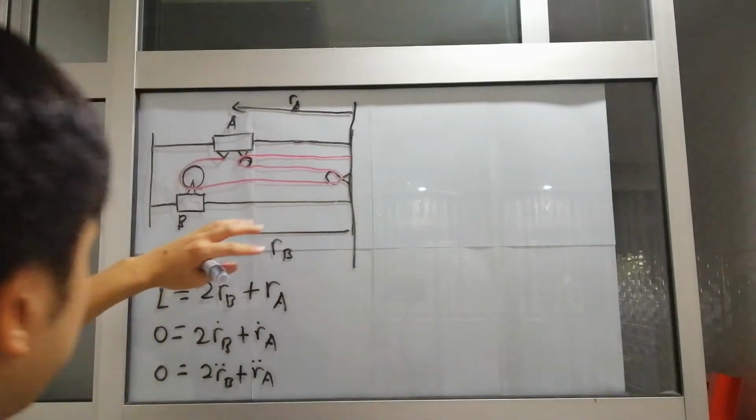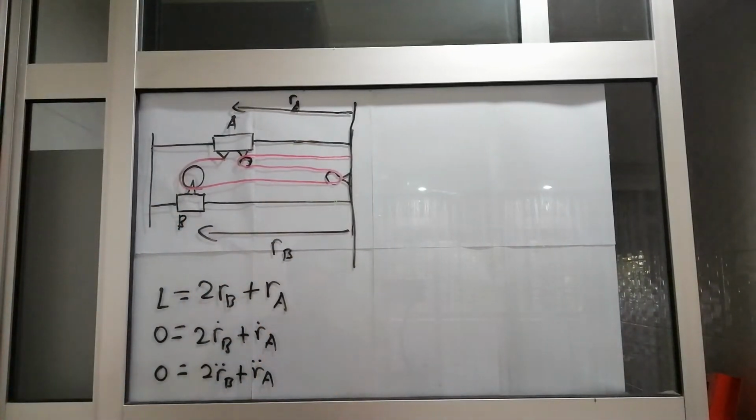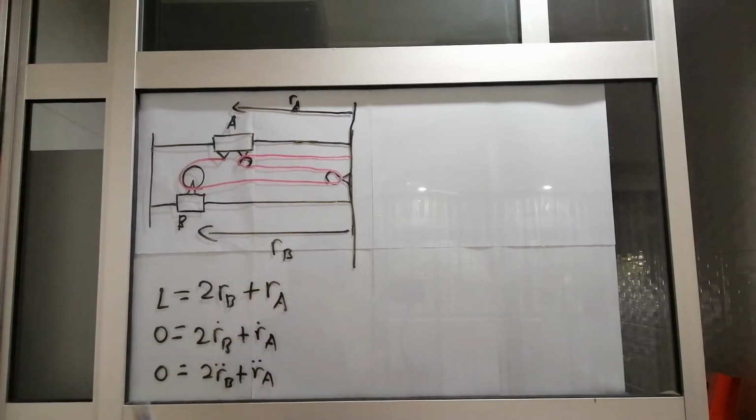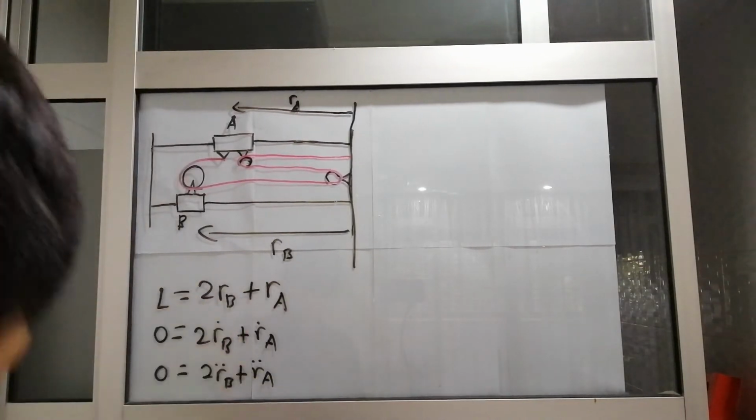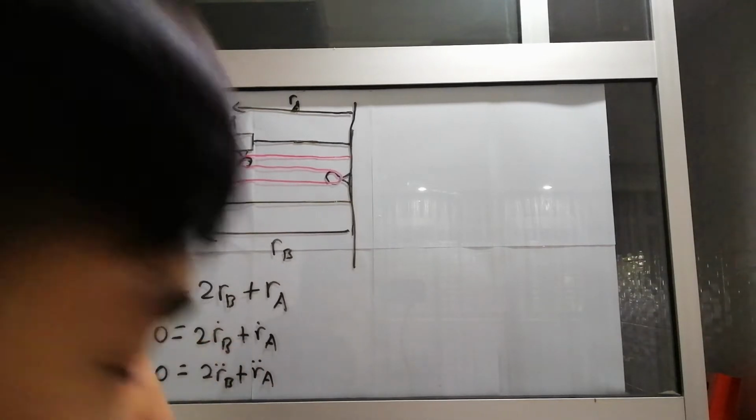If you follow the LAMS method and go on with the teachers' lectures, I'm quite sure you can set up this equation. This is very well explained in Prof. Yap's LAMS. You can see that the constraint equation can be set up in this manner. When differentiating, you get the rate of change of B, the rate of change of A, and the double derivative of it, and equate it to 0.